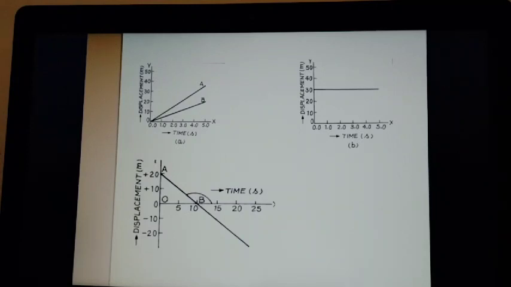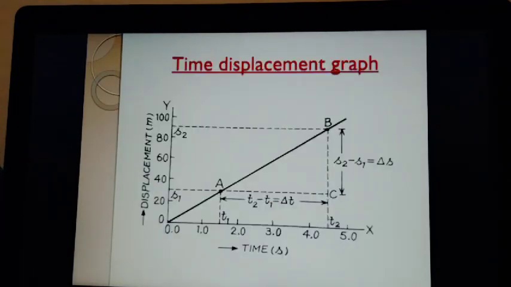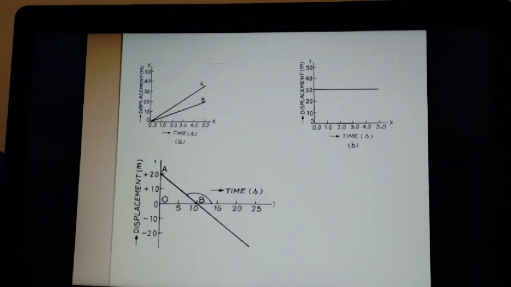First of all, we have seen the displacement time graph for uniform motion. Then we have seen that if the slope is more, the velocity is also more. Then a resting object is parallel to the time axis.